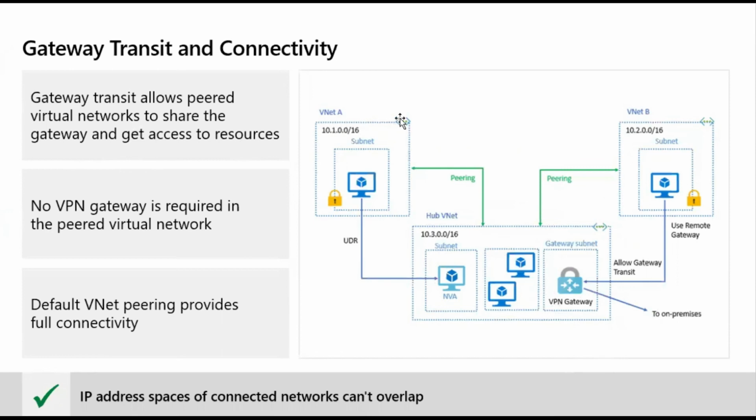That's VNet A, VNet B, and the hub VNet. It's kind of like switch 1, switch 2, switch 3.